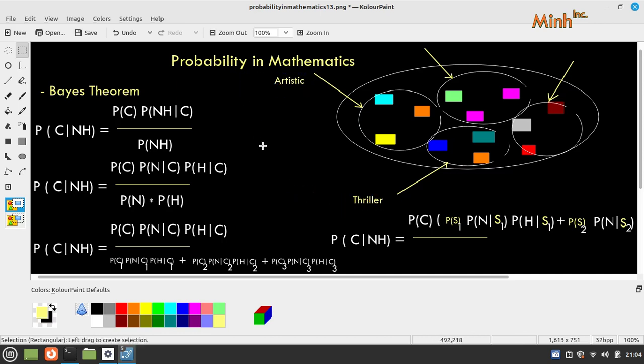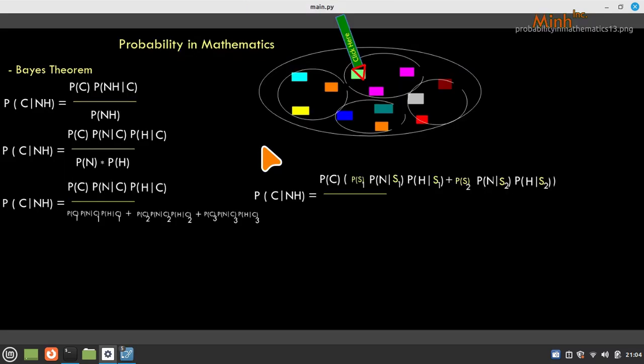So these are classes of documents. All documents belong to a particular class. They are artistic, or thriller, or suspense, or horror, or comedy, or something like that.